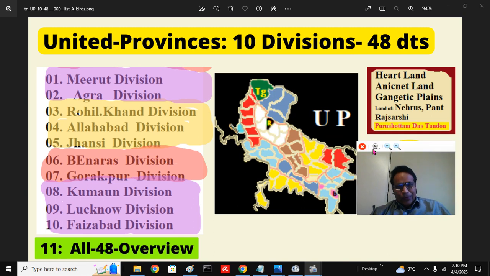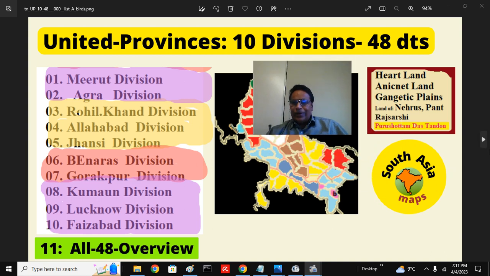In this Uttar Pradesh series, part 1 covers the Meerut division, then the Agra division, Rohilkhand division, and so on. In part 11, we'll talk about all 10 divisions plus 48 districts at one place.